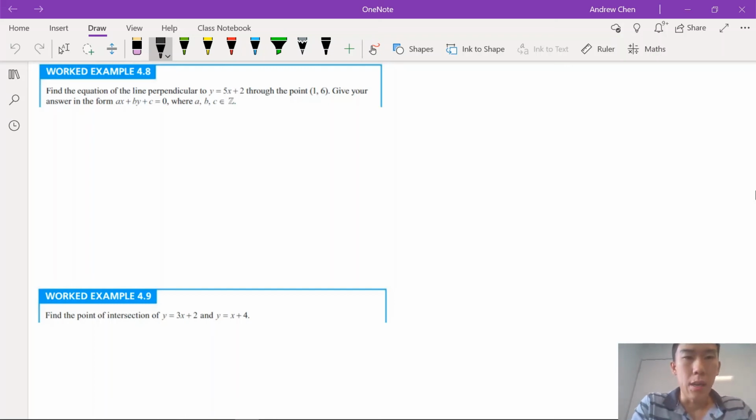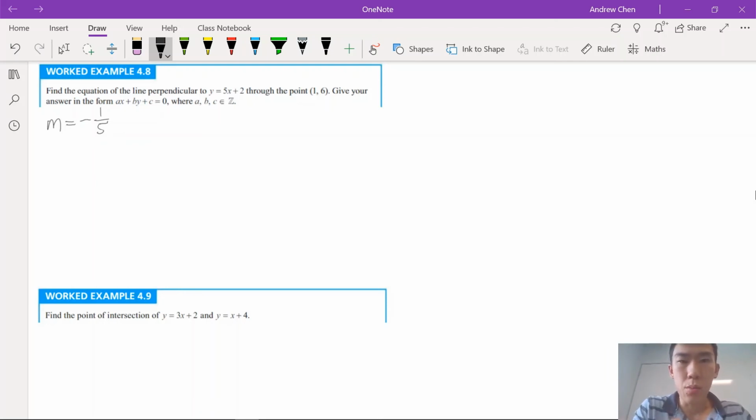So if we have a line y equals 5x plus 2, any line that is perpendicular to that, so meeting at right angles, is going to have a gradient of negative 1 over 5. Remember your perpendicular lines, it's the negative reciprocal of your gradient. So if your gradient here is 5, your negative reciprocal is negative 1/5.